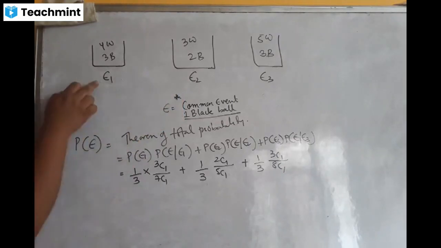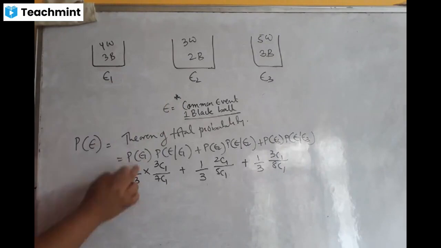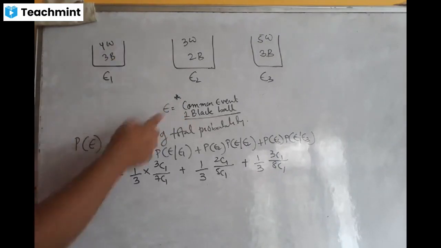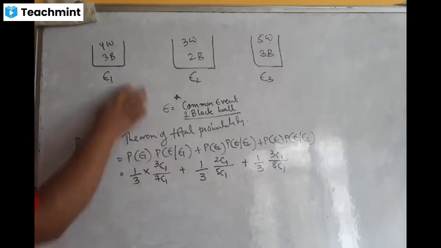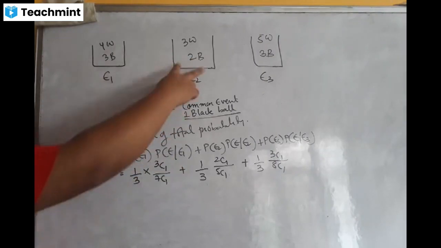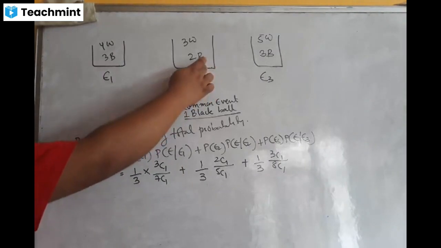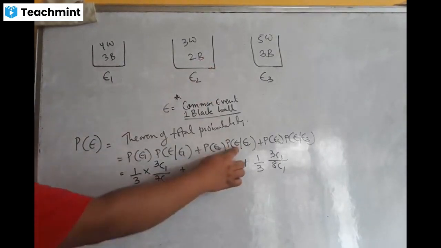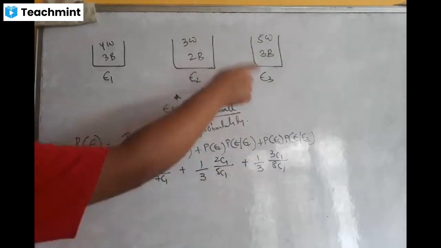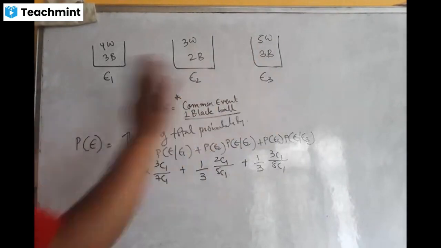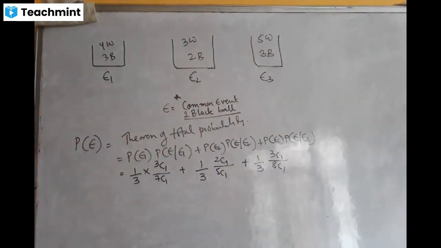Probability of E1 means you choose this bag, and then you have to draw one black from it. Probability of E2 means you choose this bag and draw one black, into E/E2. Probability of E3 means you choose the third bag and draw one black from it. That is the theorem of total probability.